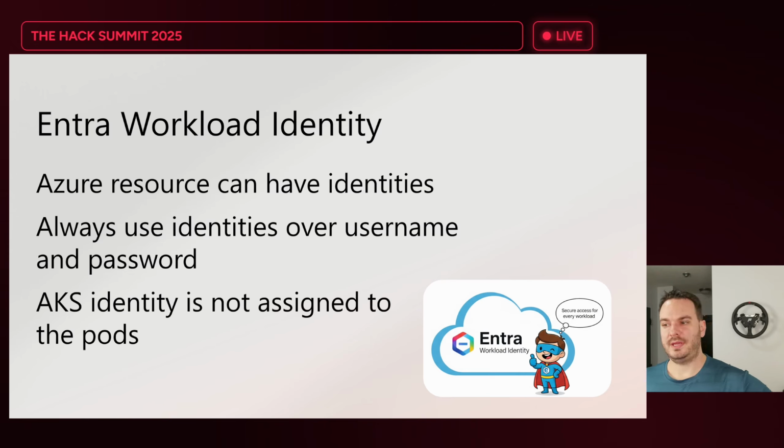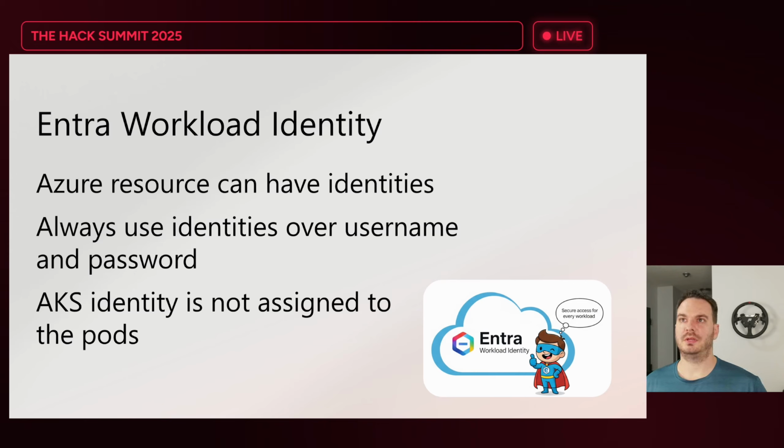The problem with AKS is that we can assign an identity to the AKS cluster itself. That's great if we want to, for example, have permissions on the container registry to pull images. But by default, we don't have an option to assign an identity to a pod or a deployment inside the AKS cluster.